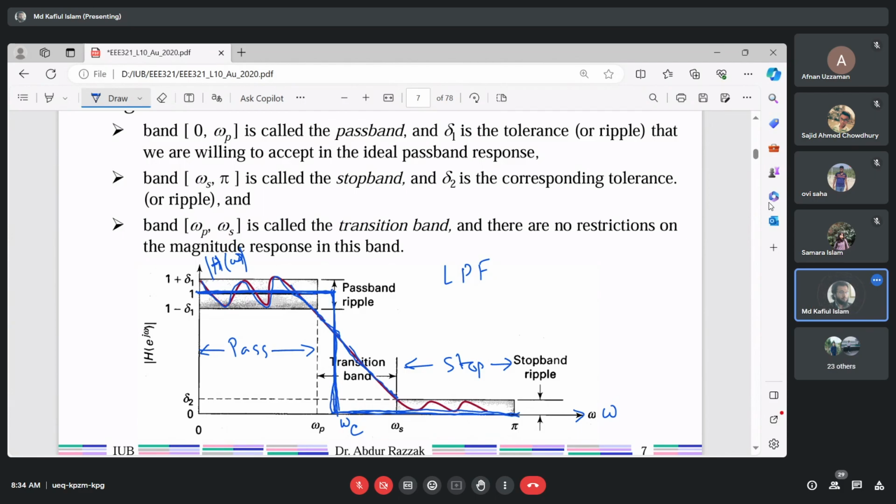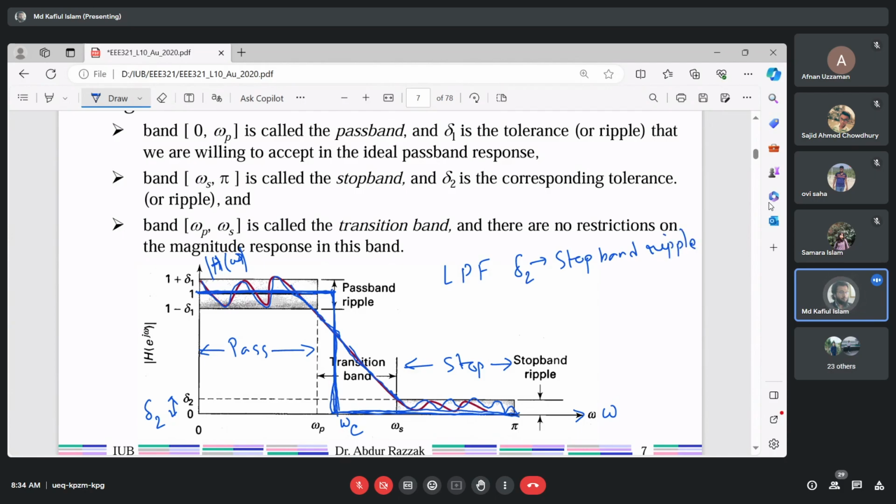And in the stop band, it is not exactly 0, but we have some fluctuation above 0, very close to 0. We say that the amount of fluctuation in the stop band is delta 2. Delta 2 is known as the stop band ripple.